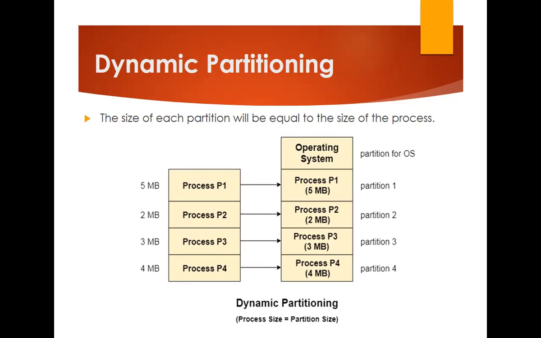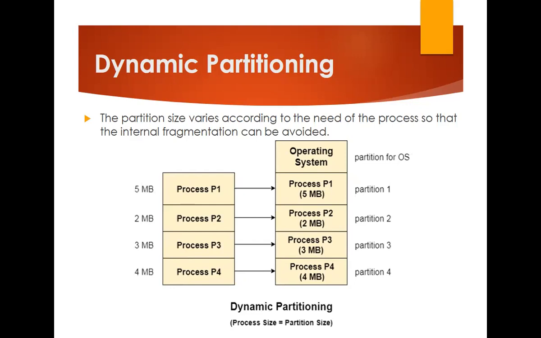First, process 1, we have 0 internal fragmentation, because we are creating according to the size of the process. In dynamic partition, internal fragmentation is always 0. Okay, so let me continue.